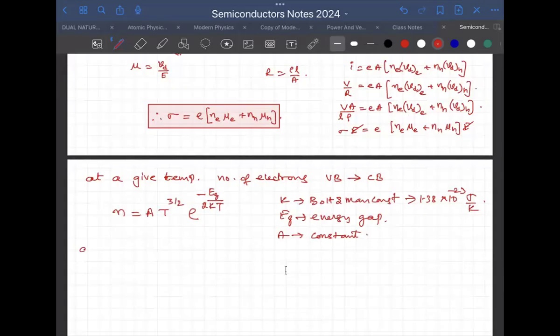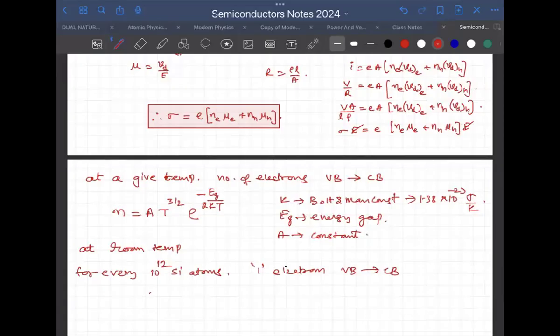See, at room temperature, for every 10^12 silicon atoms, one electron jumps from valency band to conduction band. Very pathetic situation. Of 10^12 silicon atoms, only one is live.